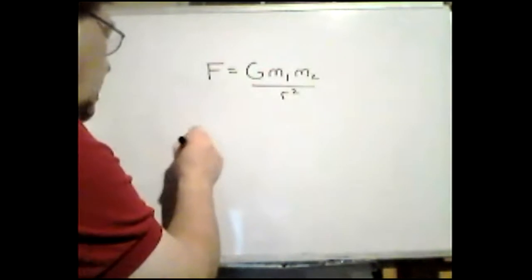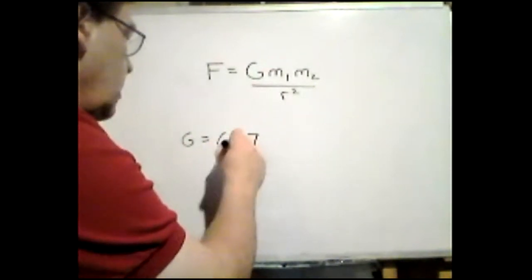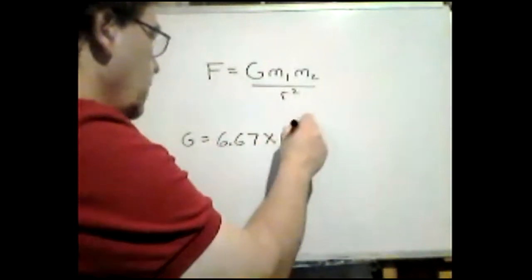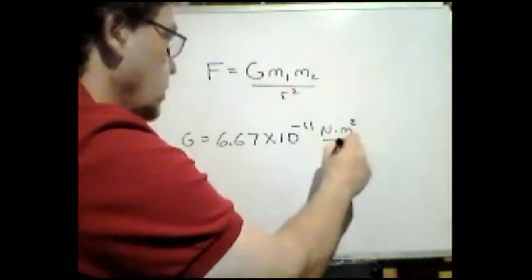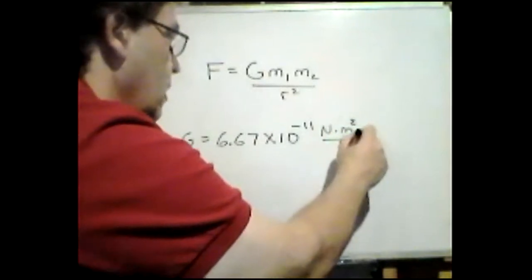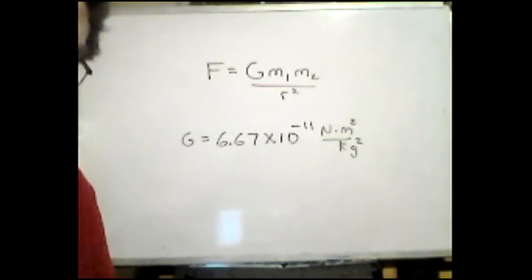And remember, capital G is 6.67 times 10 to the negative 11 newton meters squared per kilogram squared. As far as we understand, that is a gravitational constant that is true throughout the entire universe. That's what we're going to play with right now. So let's go back to the lab.